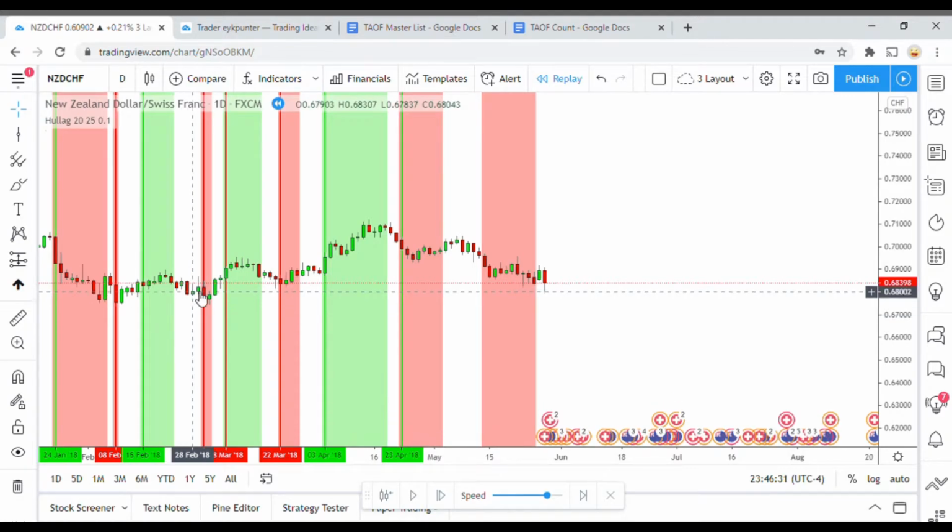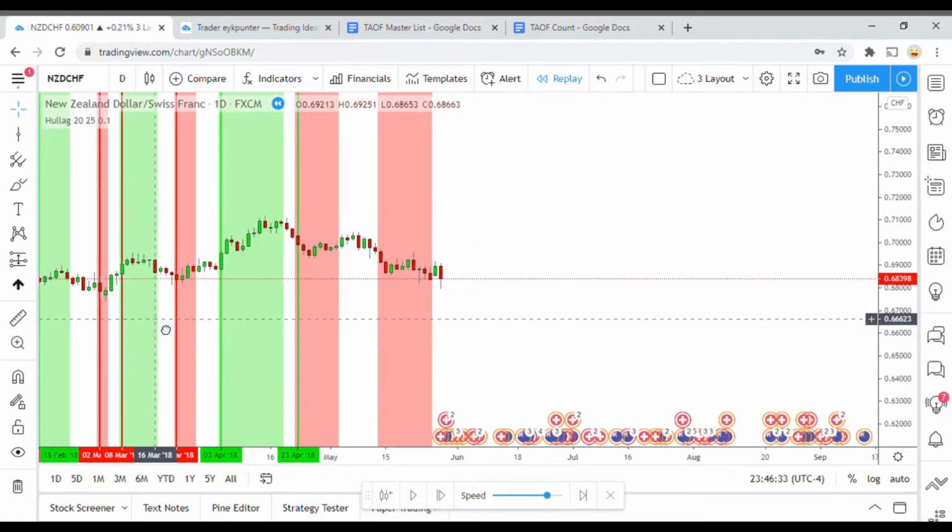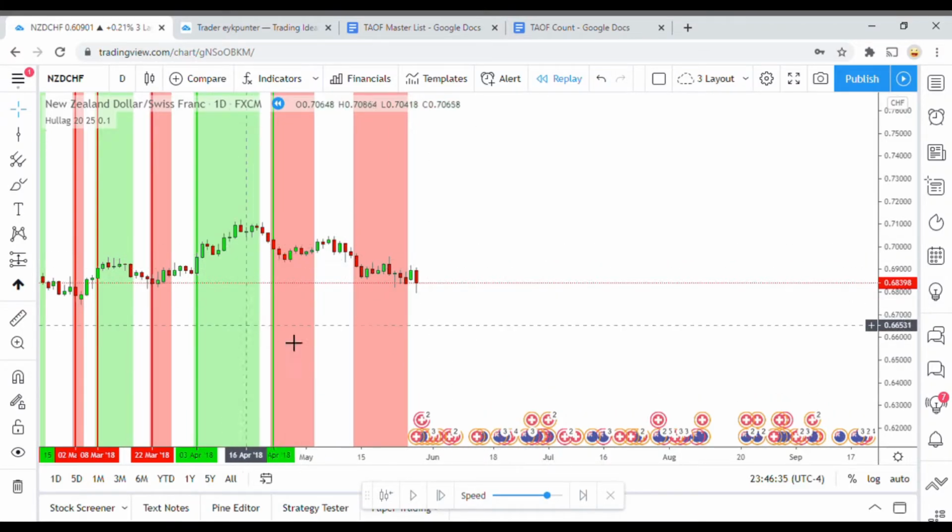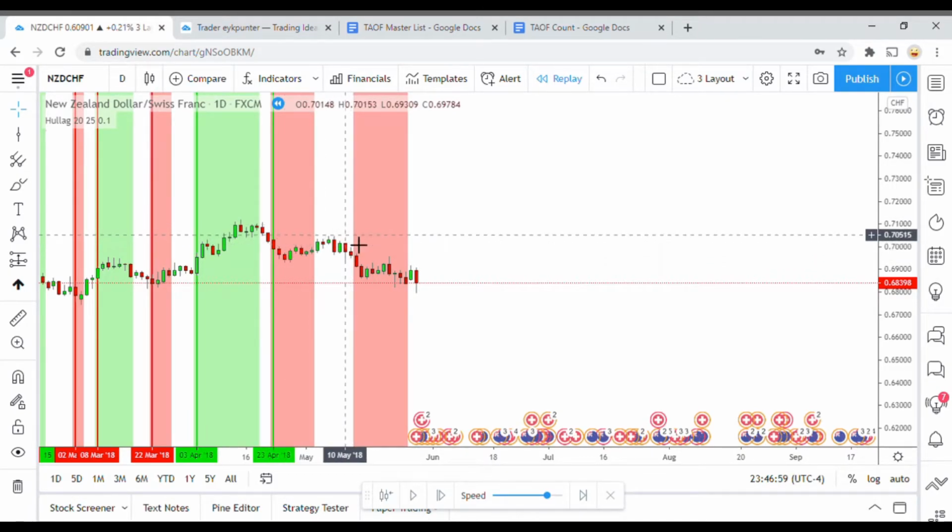Just going back and double checking that. Yep, that I did those correctly. Sometimes you gotta pay attention to where areas overlap. So for example, right here, if we hadn't hit our take profit on this little leg right here, well, we didn't get stopped out because it didn't come up far enough.